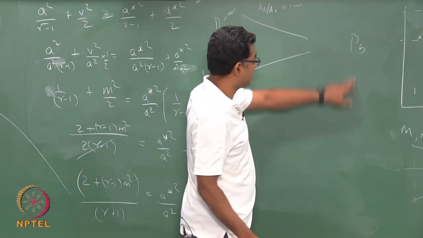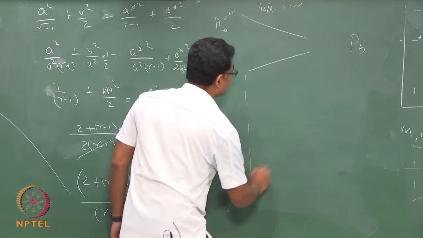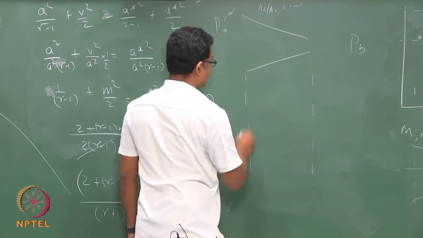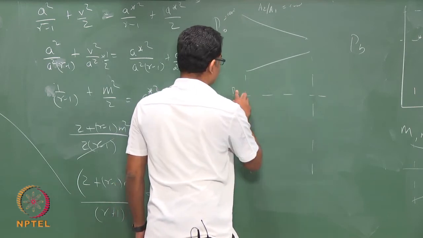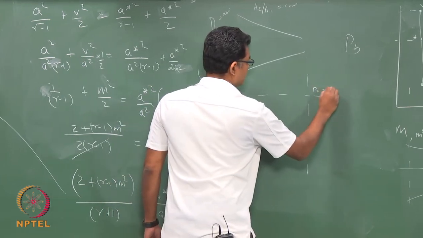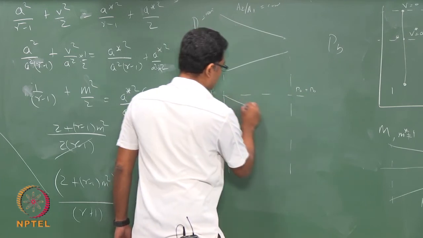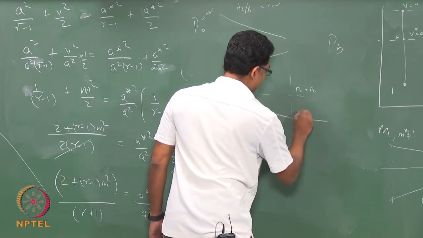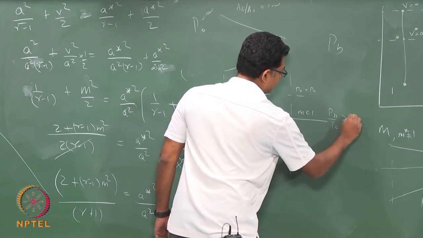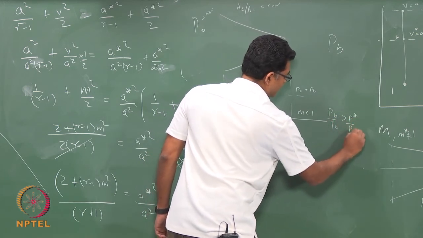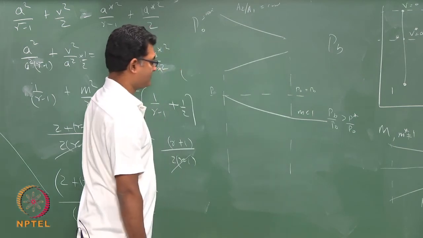What we have done is we have decreased our PB. So when P0 equals PB, there is no flow, otherwise you would get a subsonic flow if PB by P0 is greater than your P star by P0.